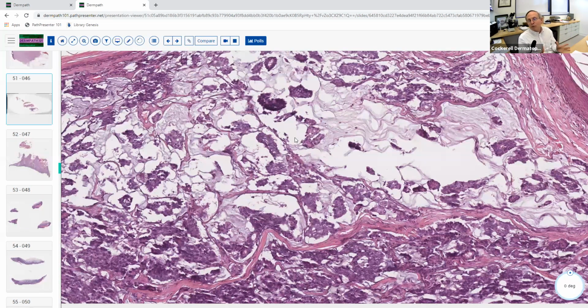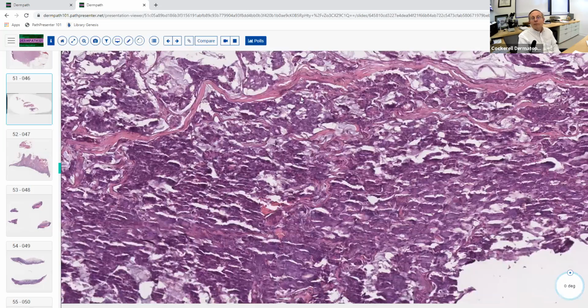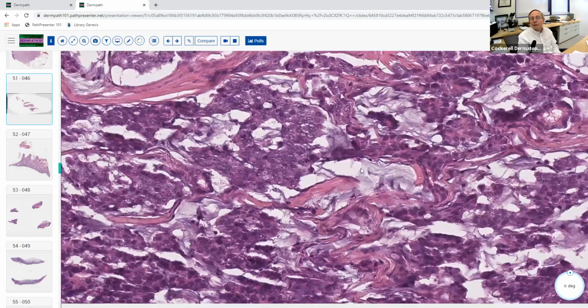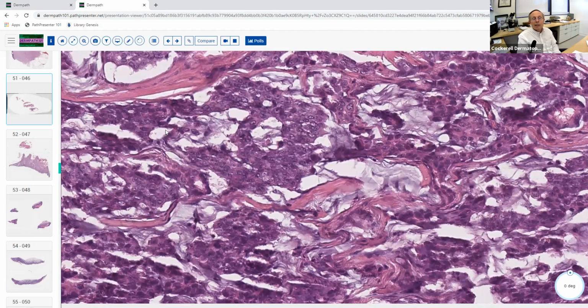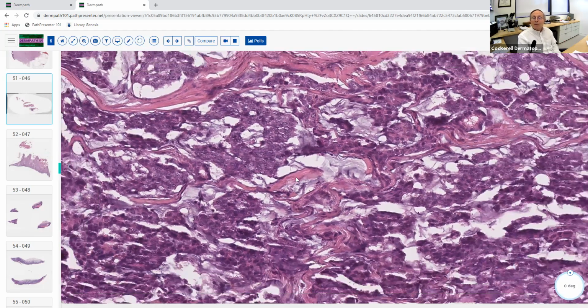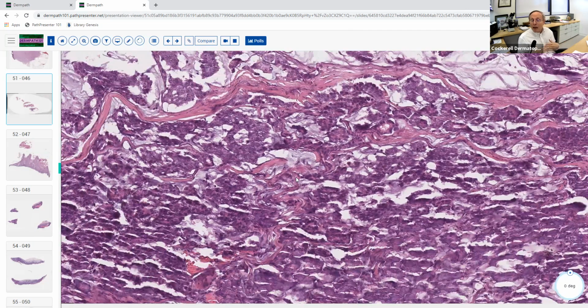And there are two types of mucinous carcinomas. There's primary mucinous carcinoma, which we call mucinous carcinoma of eccrine glands, which, as you see here, would maybe be the diagnosis, because these look like they theoretically could be little small eccrine glands right over here, for example. And then there's metastatic mucinous carcinoma from other parts of the body, like the breast. GI tract lesions can be mucinous carcinomas on occasion.